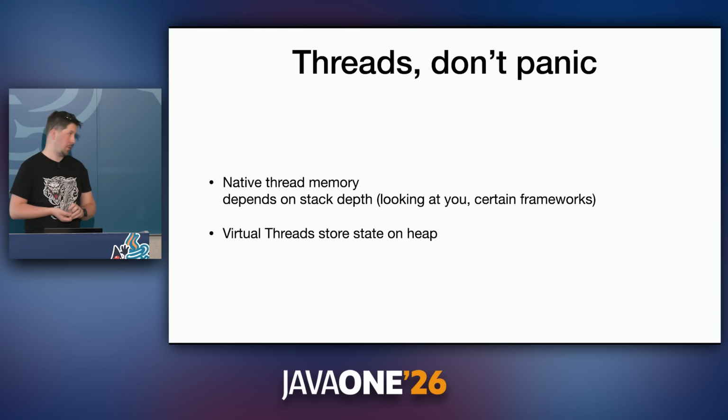And because we have Loom, virtual threads do not manifest themselves like that. Virtual threads store their state on the heap, and when they are using a carrier thread, the carrier thread naturally is going to be a native one.